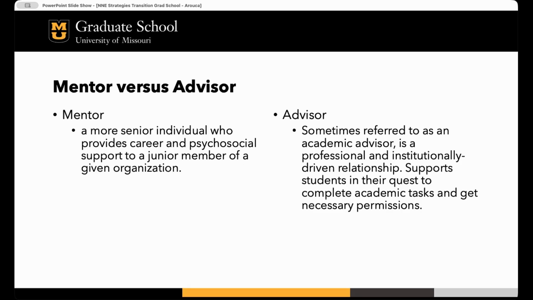So I'm teaching you this because one of the things that is important for you as you're aligning expectations with whoever is going to be your either advisor or mentor in graduate school is understanding what their relationship is about so that you can set up realistic expectations with them.